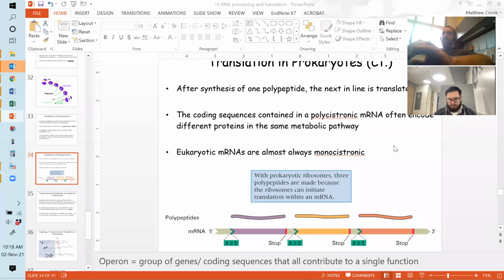It's a little bit more complex in eukaryotes, but that very much applies in prokaryotes. And one operon equals one mRNA. That's called a polycistronic mRNA. What we mean by that is a cistron is basically a unit of information, a coding sequence.